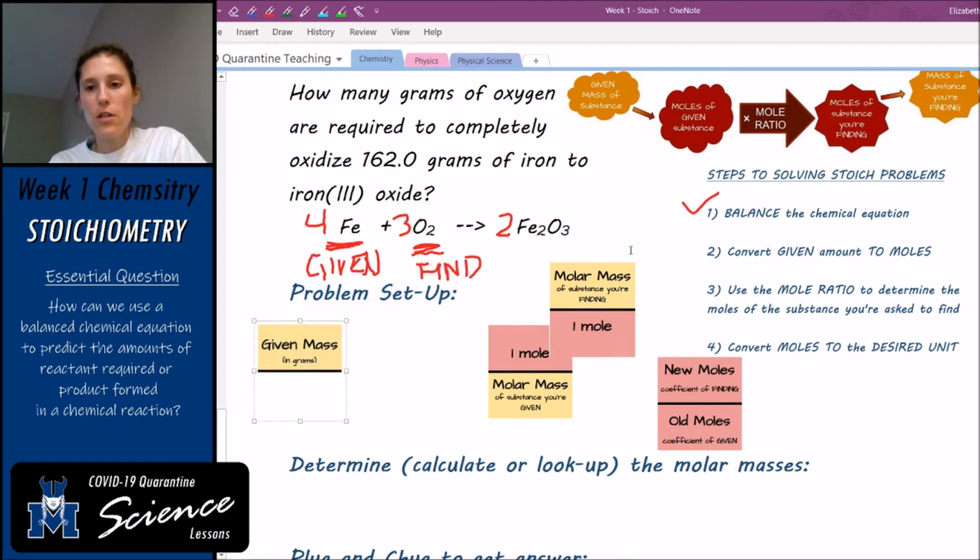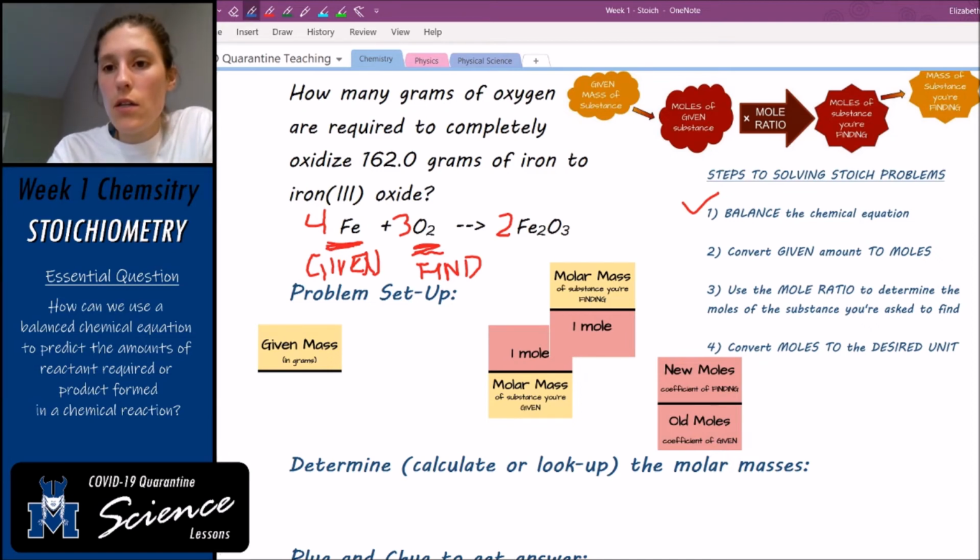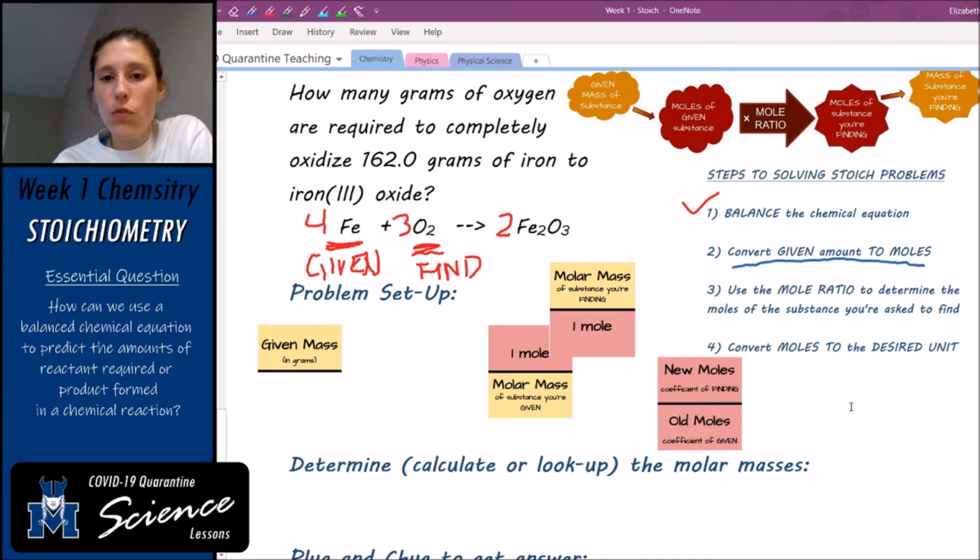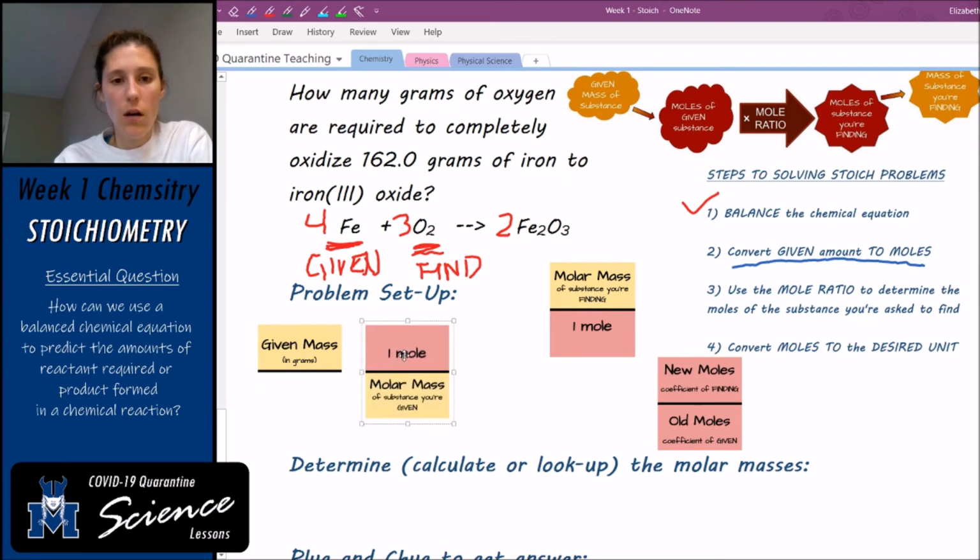The first thing you're going to do, according to this list, is convert the given amount to moles. My given amount is in mass, so I'm going to need this card right here to get into moles of what I am given. And of course these conversion factors need a multiplication sign between them.